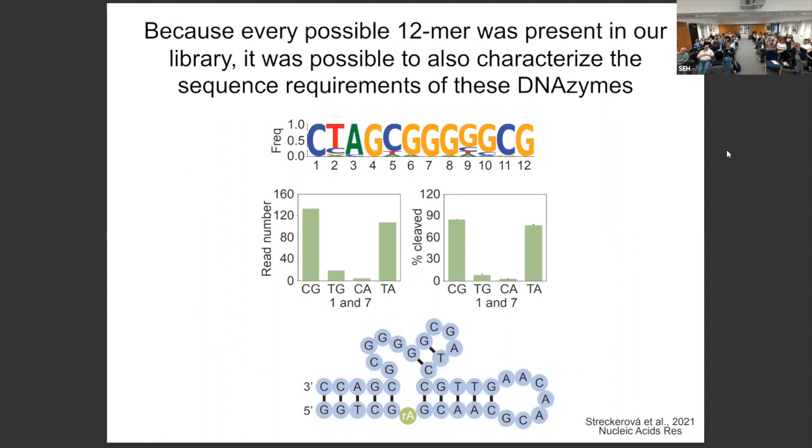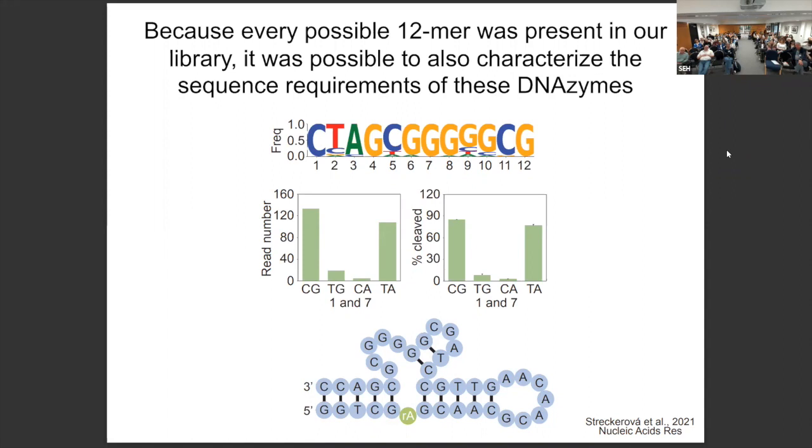We called this one Dvanáctka after the Czech word for 12, and I apologize to the Czech speaker in the audience for my terrible pronunciation. So this first panel at the top shows the conservation at each of the 12 positions derived from the random sequence region. So you can see some positions like position 7 are invariant, others like position 2 tolerate some variation.